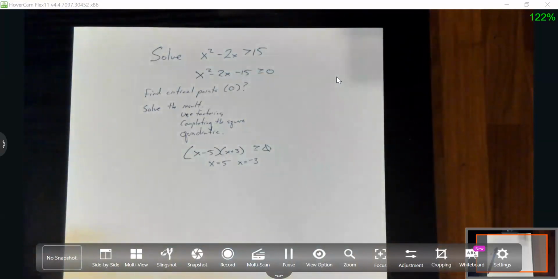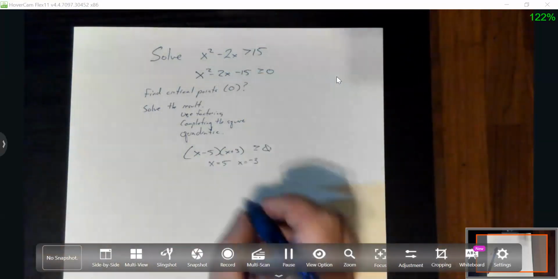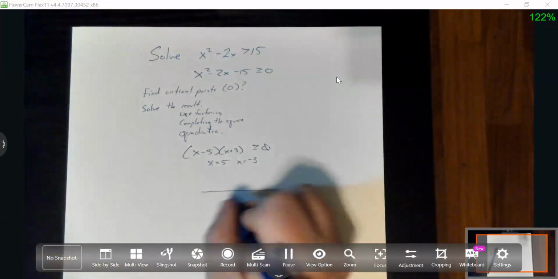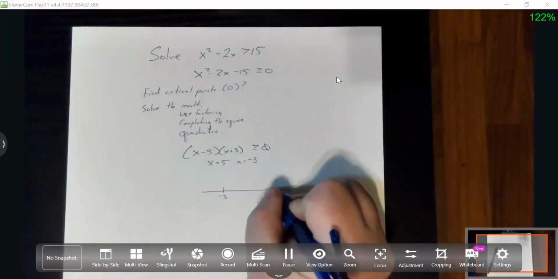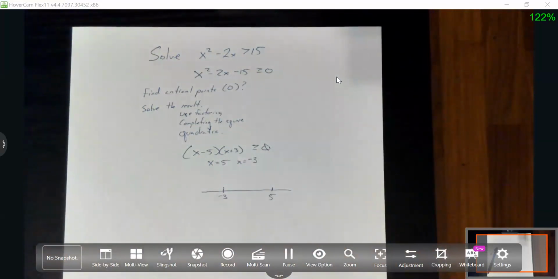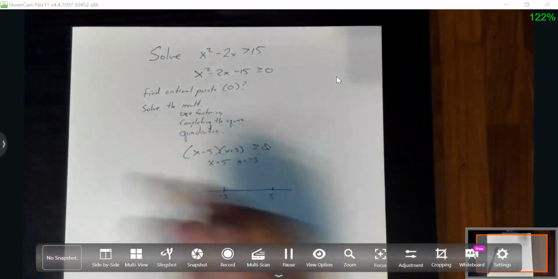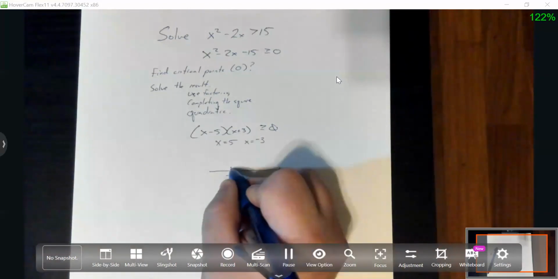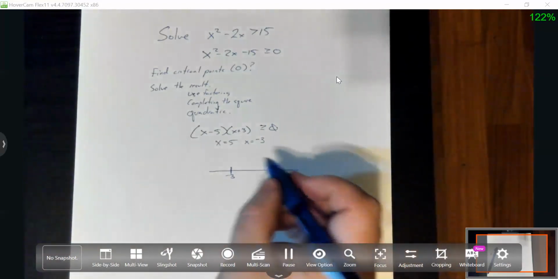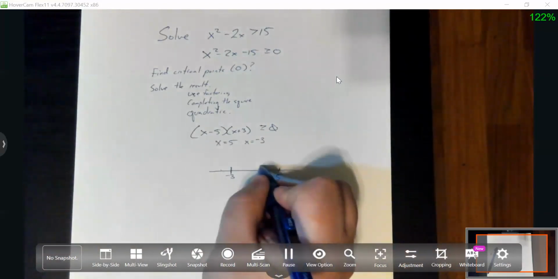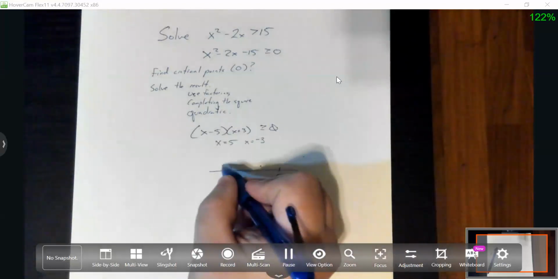It's the same process from when we solved via factoring. So thinking in terms of my number line, here's my negative 3, here's 5, and our answer is going to be some combination of these regions. So when I look at these regions, what I need to do is decide, okay, is this a region, is this, or is this? So I test a value.